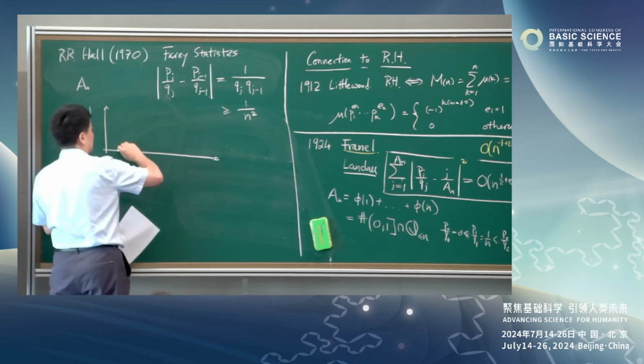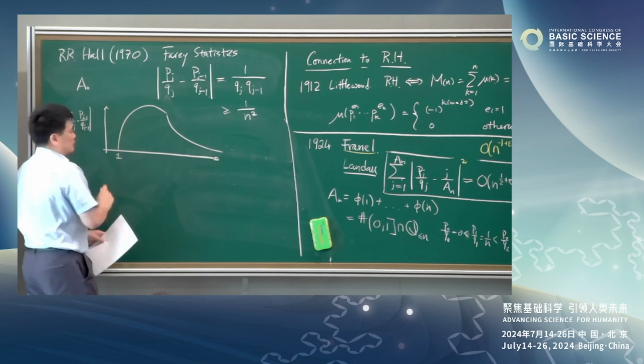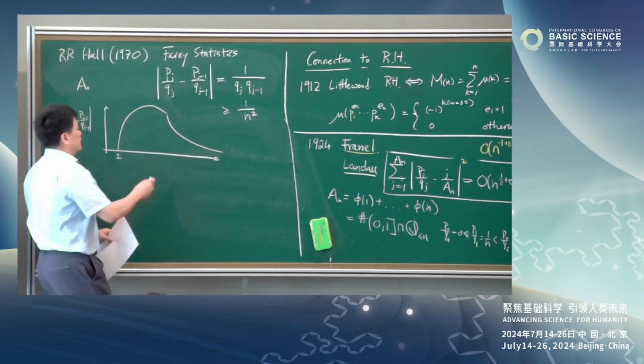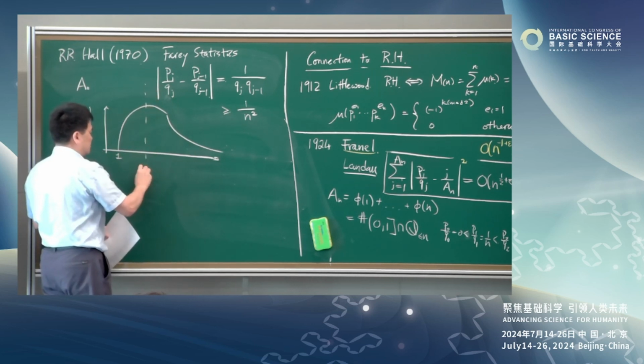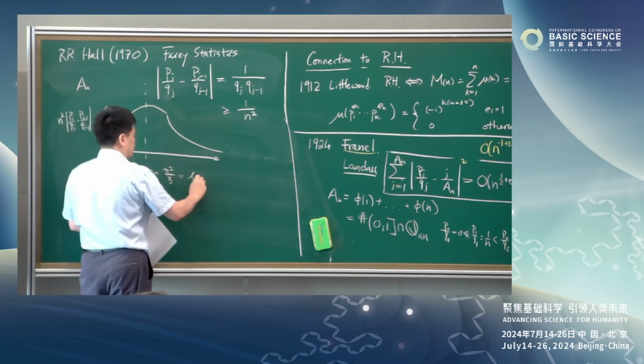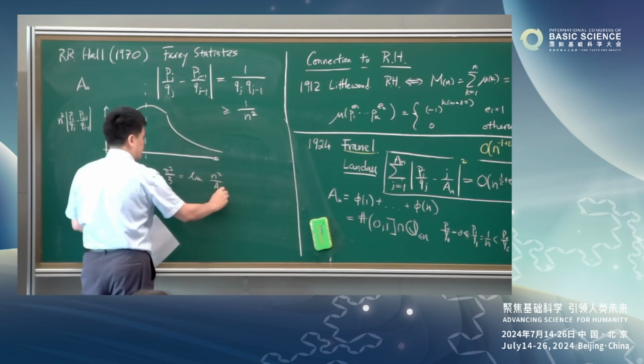The distribution looks something like this. There's a lower bound of 1 because of this inequality, and it has a mean. The mean is pi squared over 3, which is the limit of n squared over a_n as n goes to infinity.